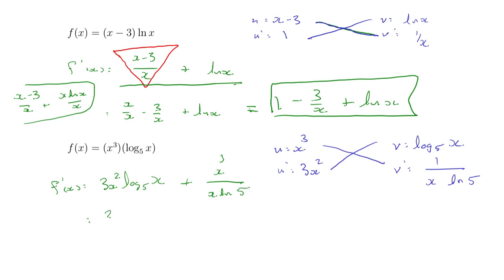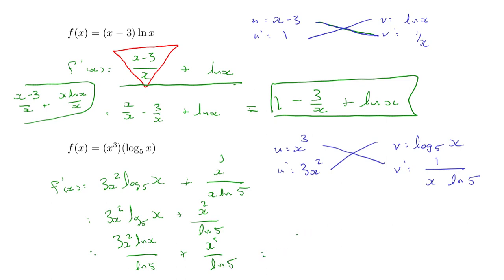So we can say 3x squared log base 5 of x plus, notice the x's can cancel, so this is really x squared over natural log 5. And then if you want, you could rewrite this using the change of base property. And so you could say that's really 3x squared natural log x over natural log 5, that's our log base 5 of x, plus x squared over natural log 5.